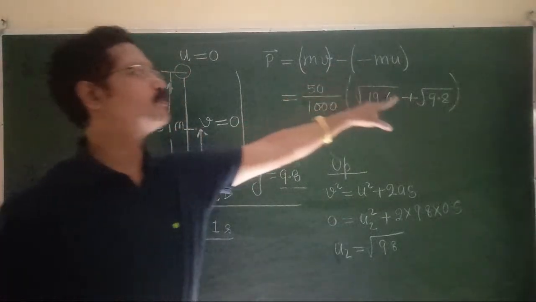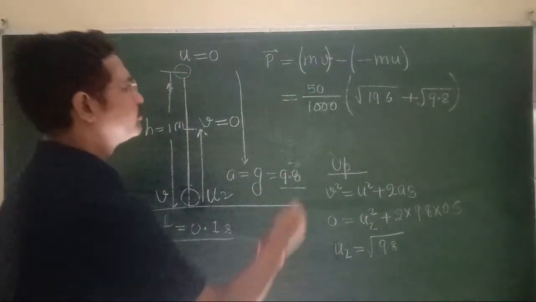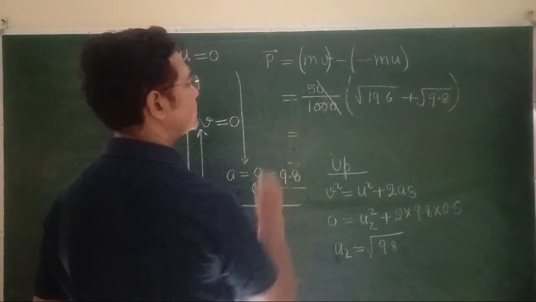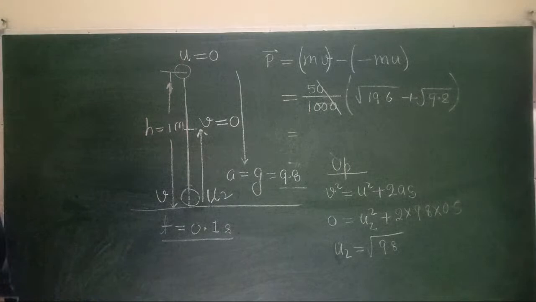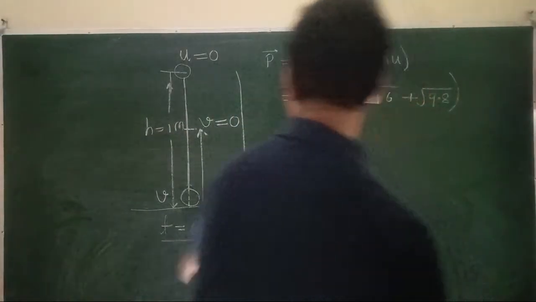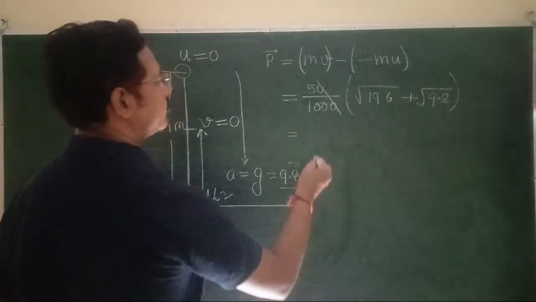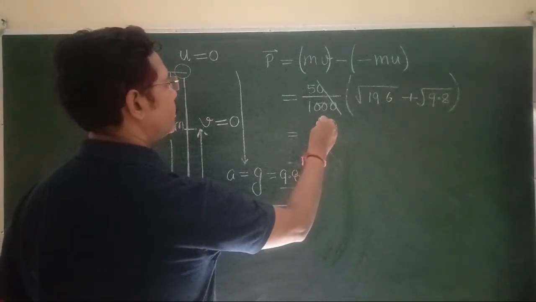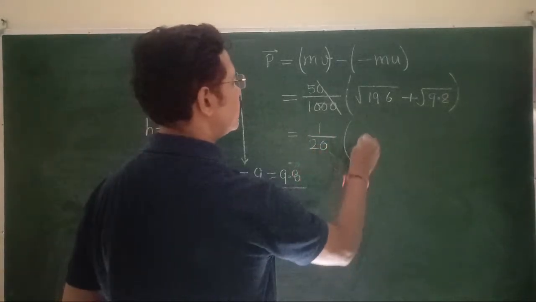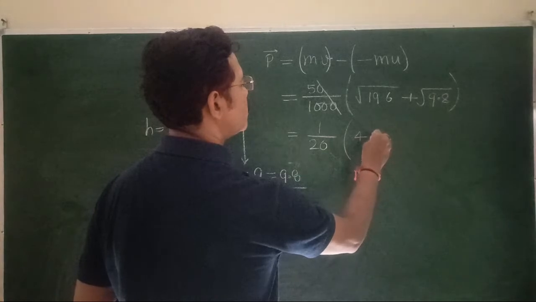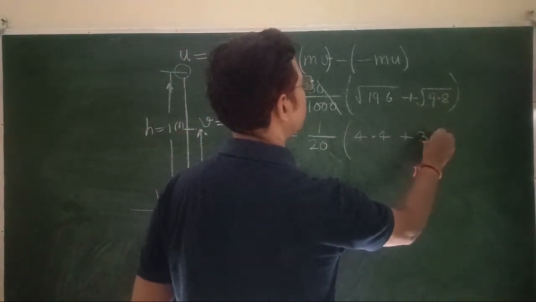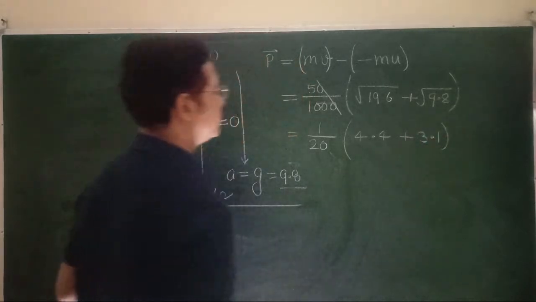Minus into minus becomes what? Plus here. This is how much? One upon 20. This value is almost 4.4. This value is plus 3.1.